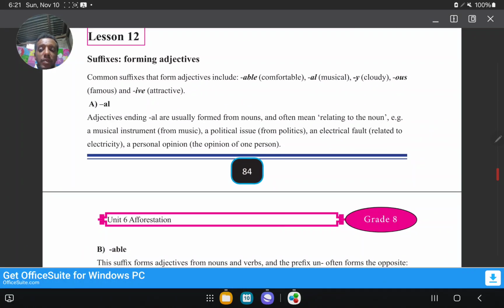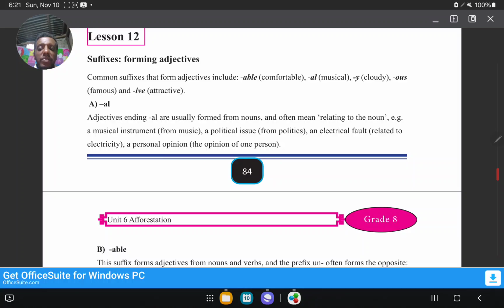Al. We can't read, by the way, the group of suffix or prefix, it is letter or group of letters ብለናል. Adjectives ending al are usually formed from nouns and often mean relating to the noun.